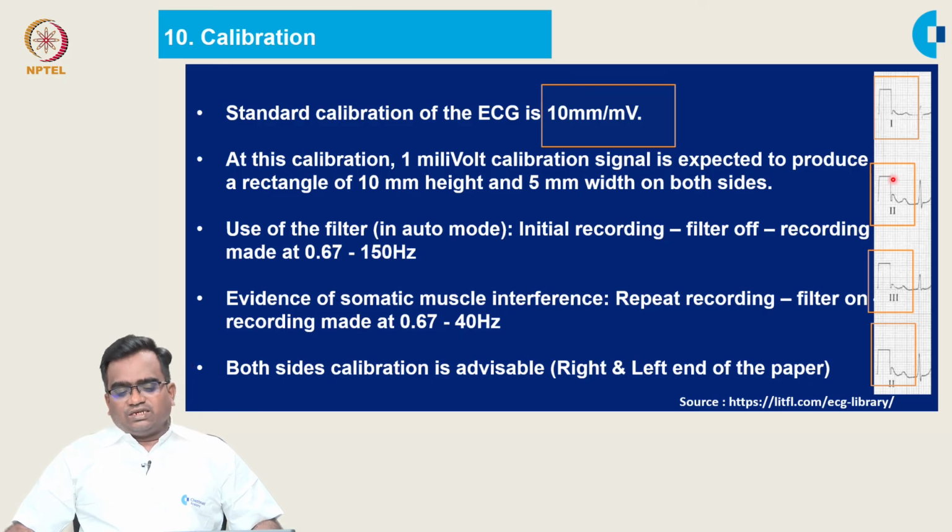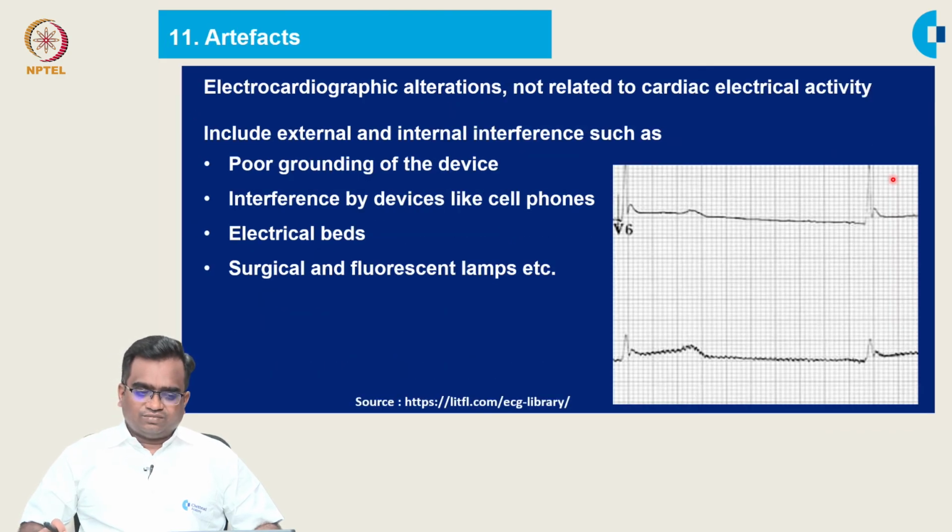In case there is evidence of somatic muscle interference, repeat the recording with the filter on, with a recording made at 0.67 to 40 Hz. Always calibration on both sides is advisable, that is from the left hand end as well as the right hand end, calibration has to be done.